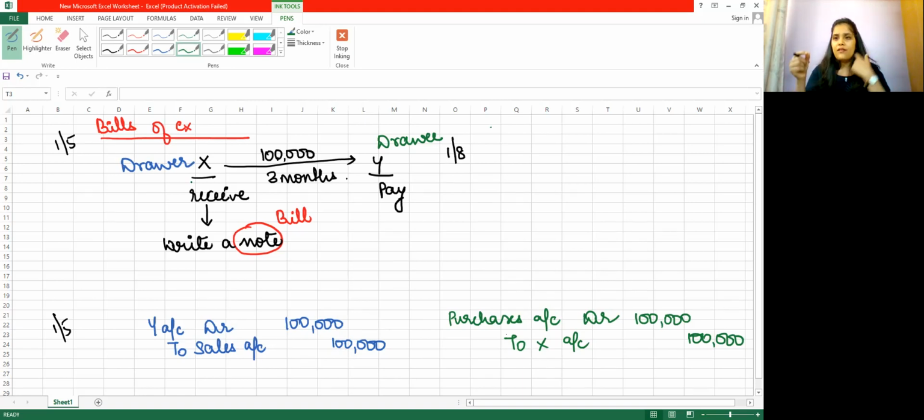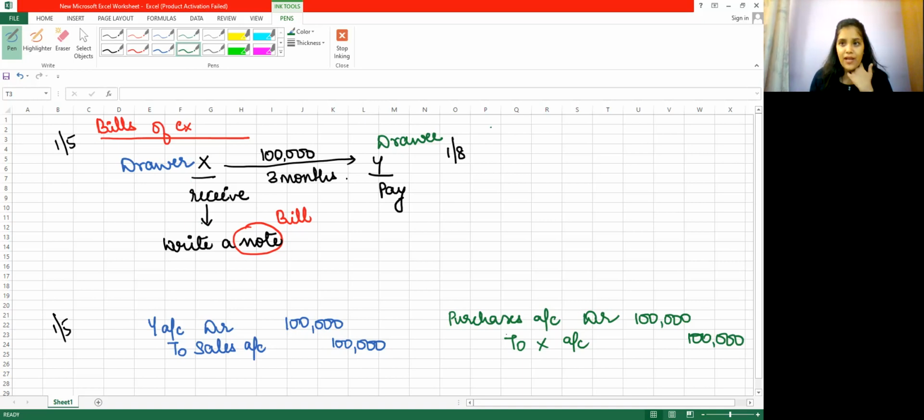Now this piece of paper, can I say from Mr. X's point of view, towards this paper, you have to receive 1 lakh rupees. Correct? So towards this paper, you have to receive. Therefore, it is an asset. And from Mr. Y's point of view, towards this paper, you have to pay money. Therefore, from Mr. Y, it is a liability.